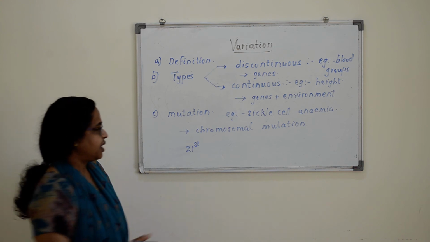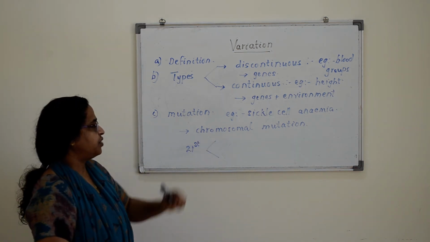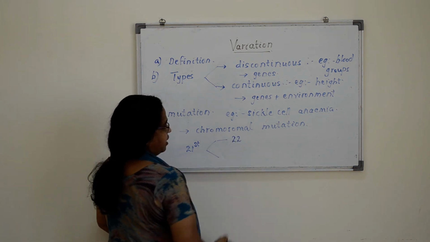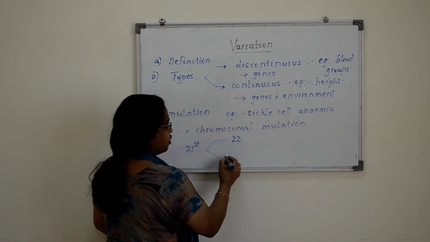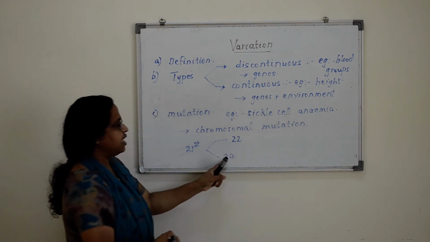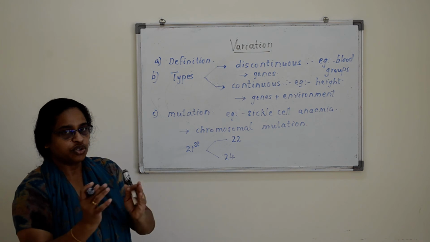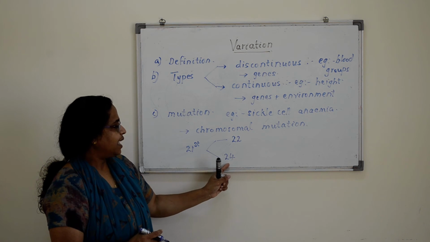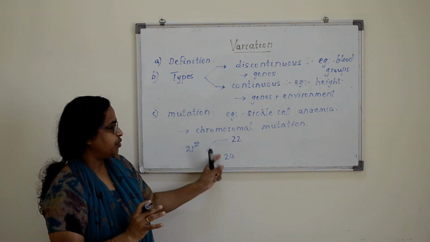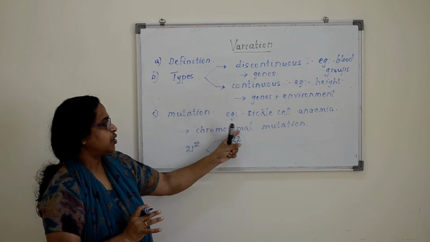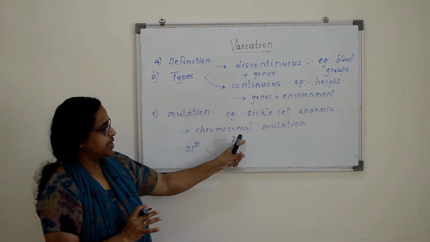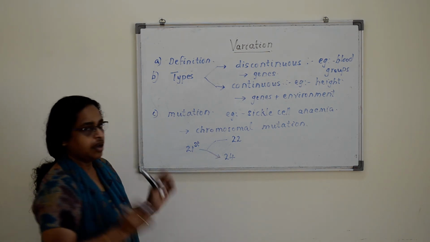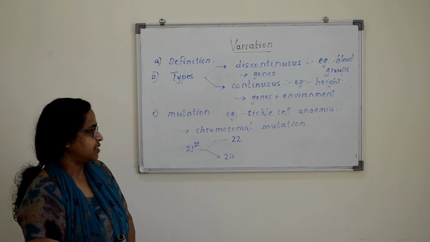As a result, some daughter cells get 22 chromosomes and some get 24, because both 21st chromosomes go to one daughter cell. One daughter cell will have 24 chromosomes and the other will have 22, that means it doesn't have the 21st.